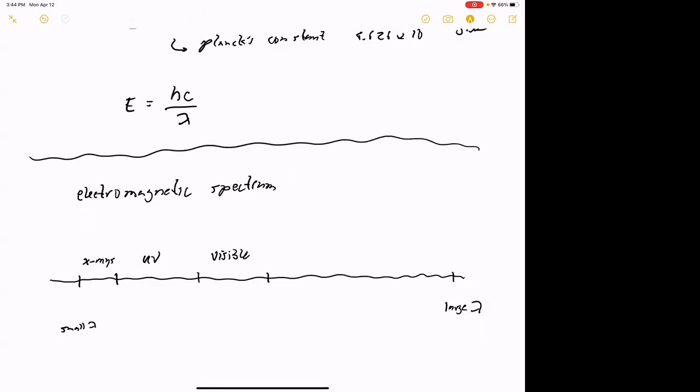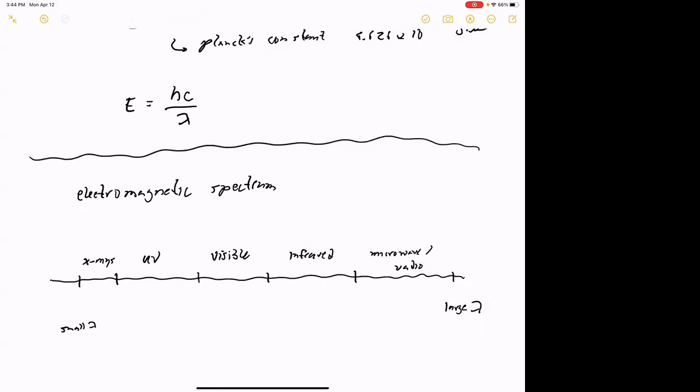And that's the part that we really care about for the most part in this experiment. Then beyond that, we go to the infrared. And then beyond the infrared, we have the microwave and the radio wave parts of the spectrum.